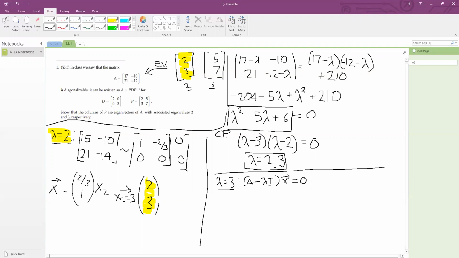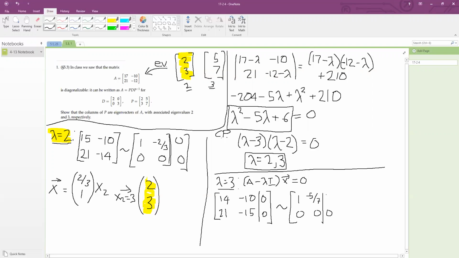All right, so lambda is 3, so we can set this up here. We have 14, negative 10, 21, and negative 12 minus 3 is negative 15. Augment that with zeros. If you work this one out, again, it's a pretty simple one. You should end up getting, I believe, negative 5/7, and all zeros in the bottom.